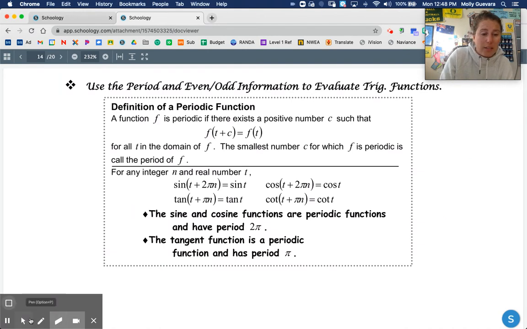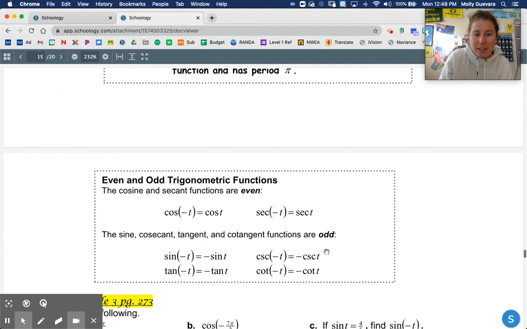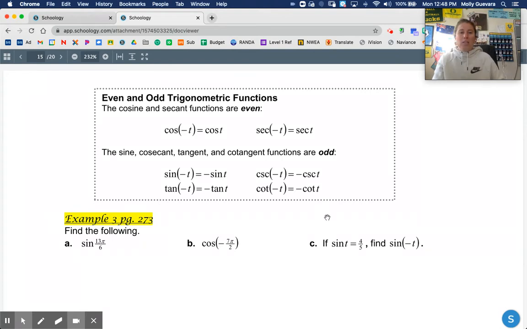So let's look at the next part, which is even and odd. Cosine and secant, the reciprocals of each other, are the only graphs that are even. All the other graphs, sine, cosecant, tangent, cotangent, are all odd. Basically, as we said last time, if I plug in a negative number and I get out the same equation but negative, it's odd.